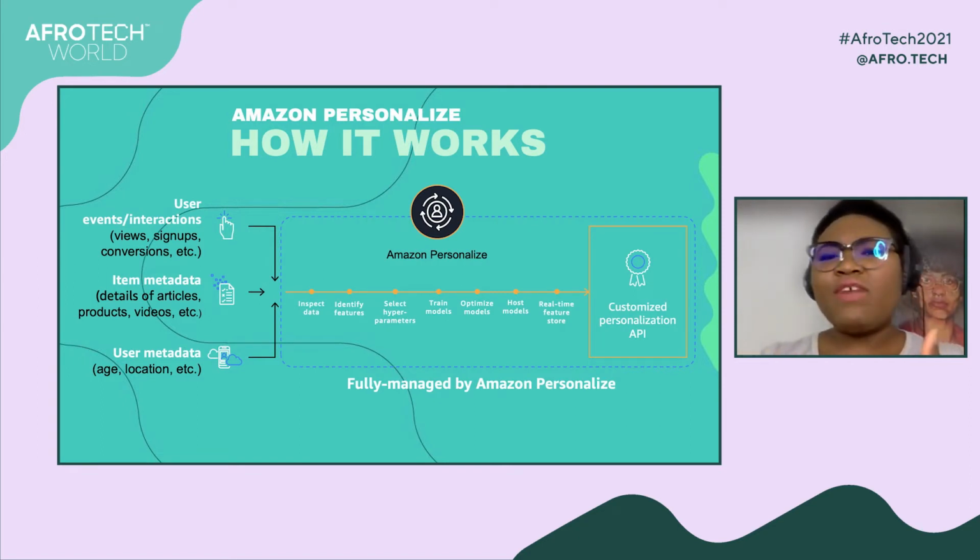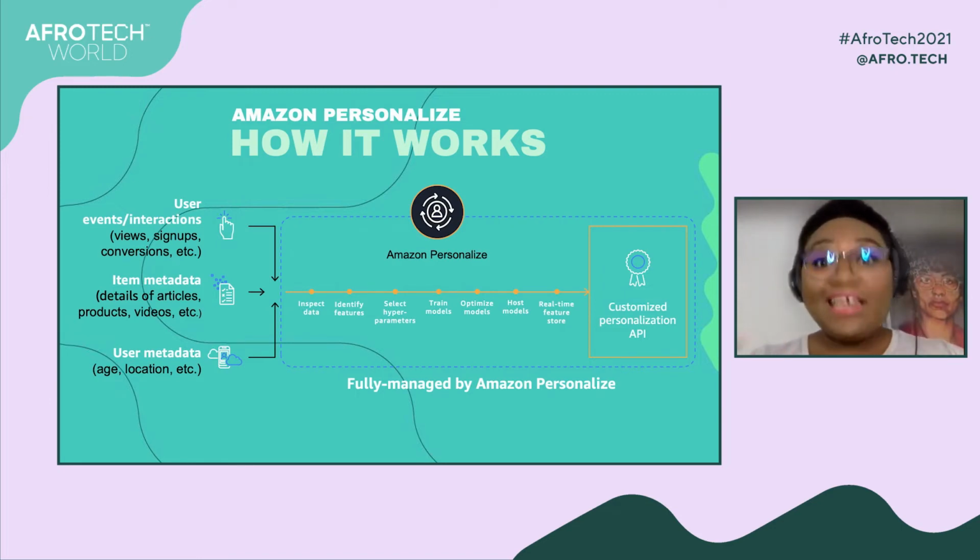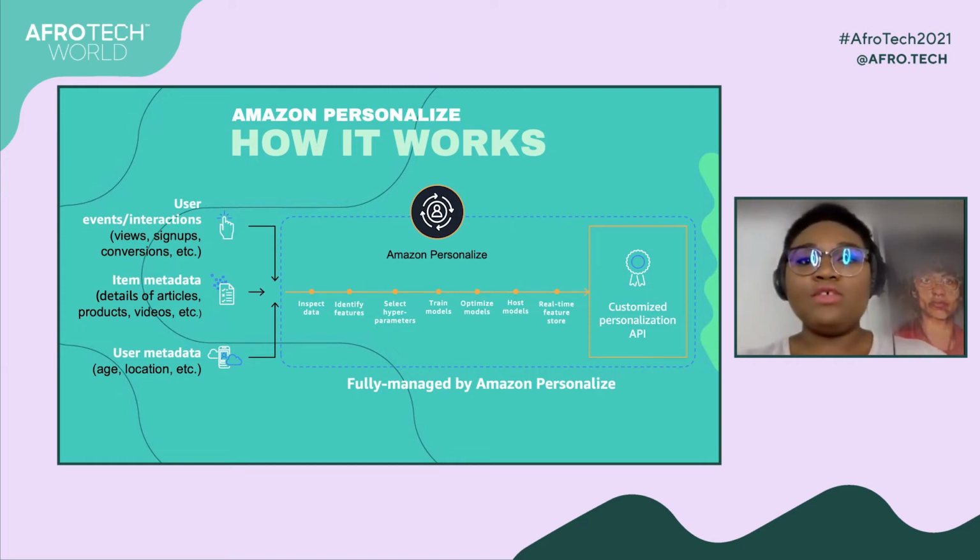It identifies which aspects of the data are meaningful, selects the right algorithms, and, based off of that data, trains a model for you that is customized to that data. All you get at the end of the day is a customized API that you can consume in your service. So you don't have to worry about any of that, but this is what Amazon Personalize does at the back end.